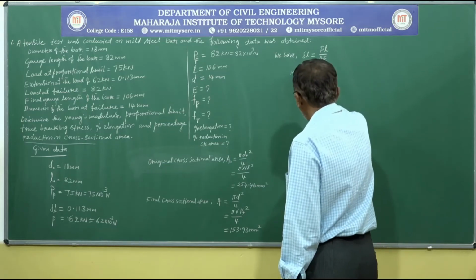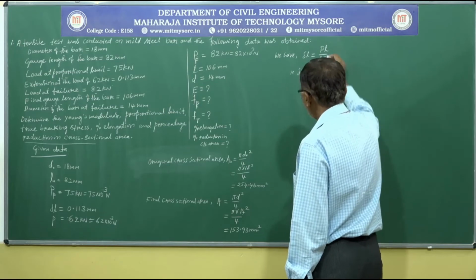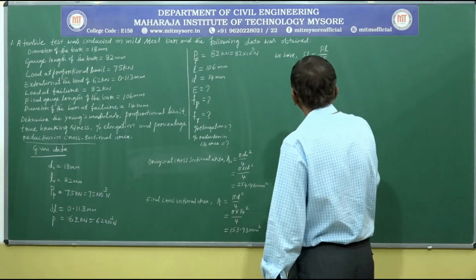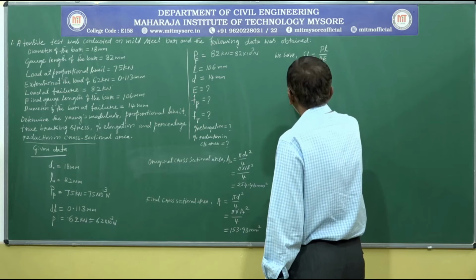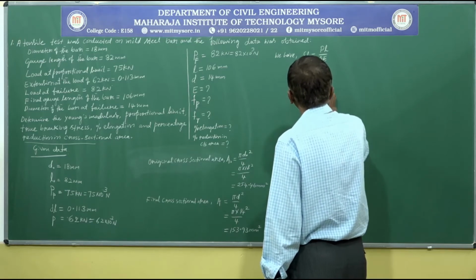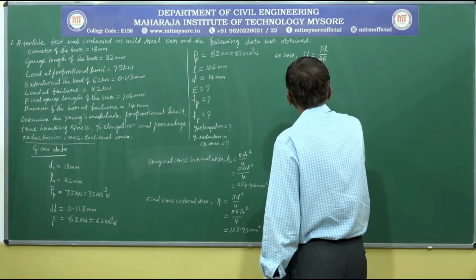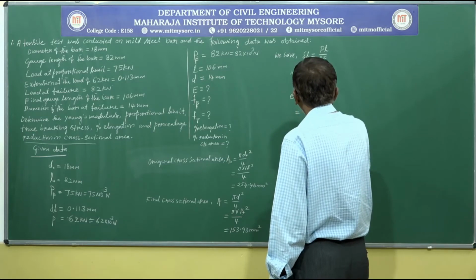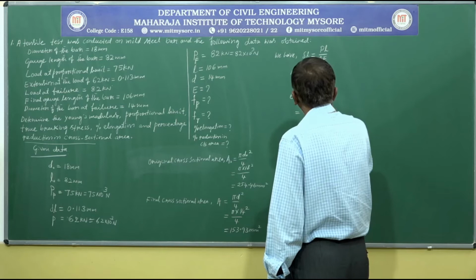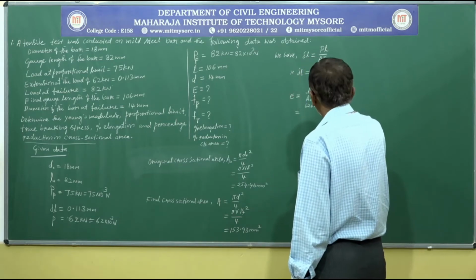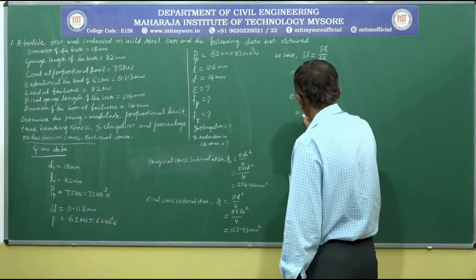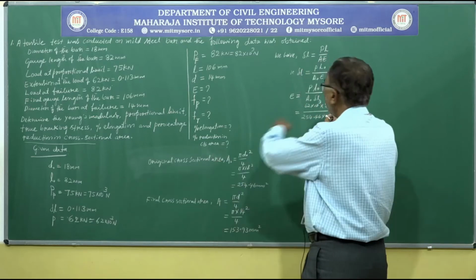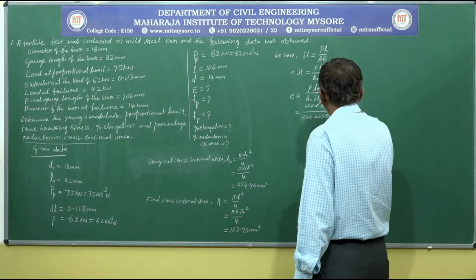That is, delta L is equal to P into L0 divided by A0 into E. We want Young's modulus, therefore E is equal to P into L0 divided by A0 into delta L. Substituting, P is 62 into 10 power 3, L0 is 82 millimeters, A0 is 254.46, and change in length delta L is 0.113.